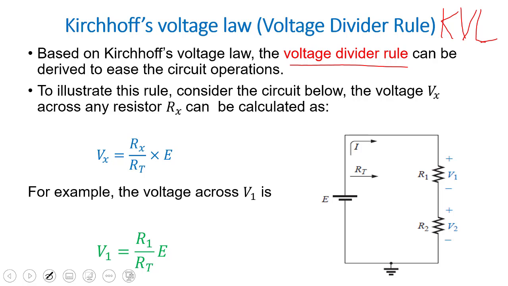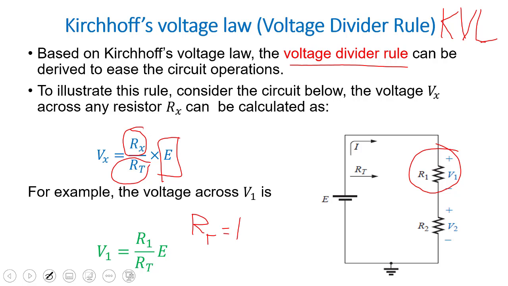If you have resistors connected in series, the voltage drop across any resistor is equal to that resistor value divided by R total, multiplied by the source over here. Remember, in terms of series, R total will equal R1 plus R2, since the resistors are connected in series.